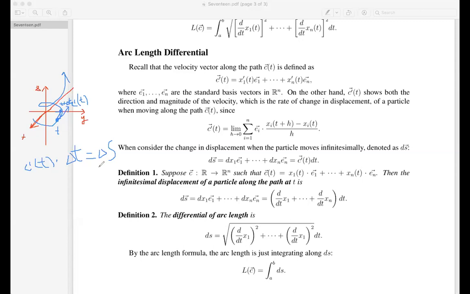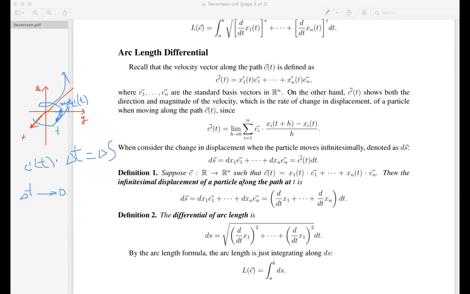So the displacement, right? So if you have the limit as delta t goes to infinitesimally small, this will be infinitesimal displacement of the particle.